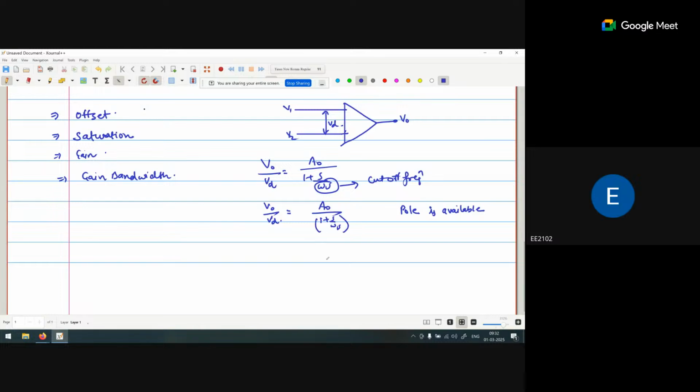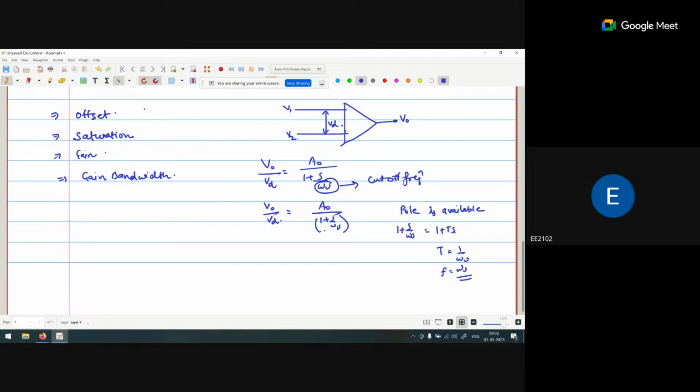Now what is the cutoff frequency of this pole? So how do we calculate it? 1 plus s upon omega u becomes 0. So I compare this with 1 plus Ts, so T is equal to 1 upon omega u and f is omega u. So this is my cutoff frequency.